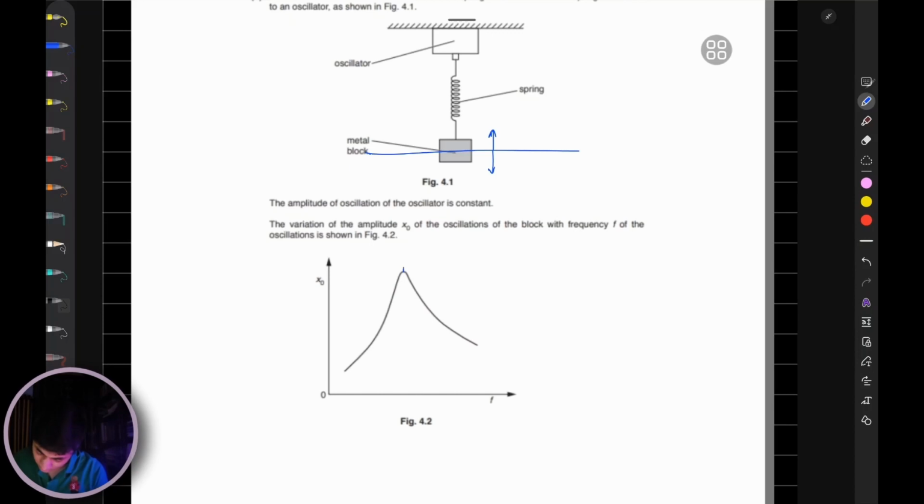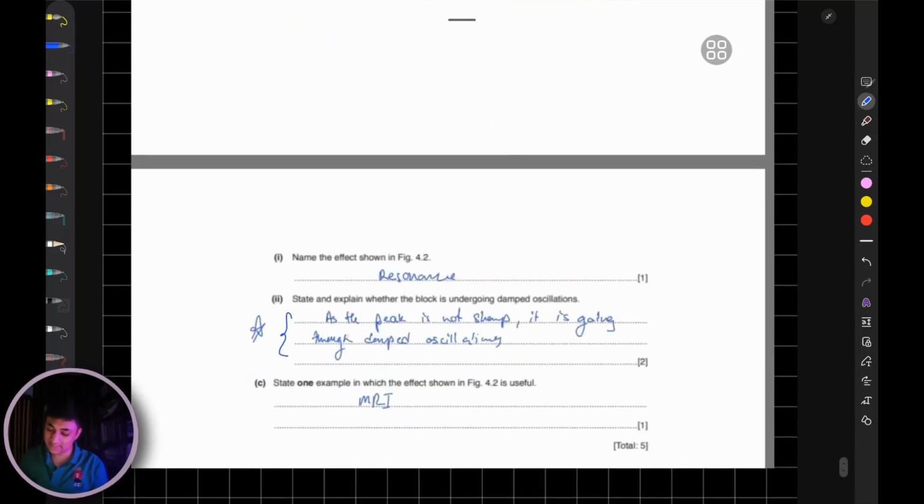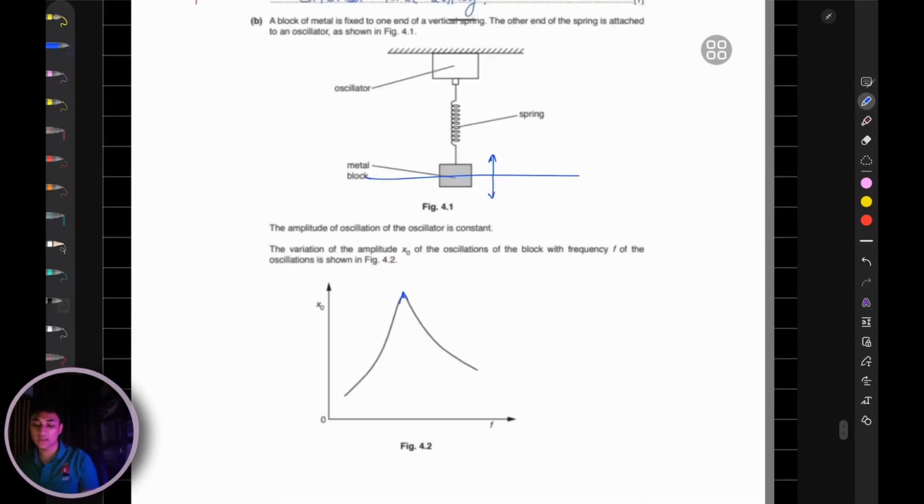There's a sharp peak over here denoting one frequency at which max amplitude is seen, meaning at that frequency, resonance is seen. Now, the point over here is, since the peak is not sharp, it is going to go through damped oscillation. Why? This energy is not max at one position.